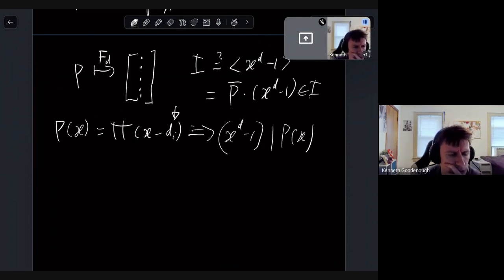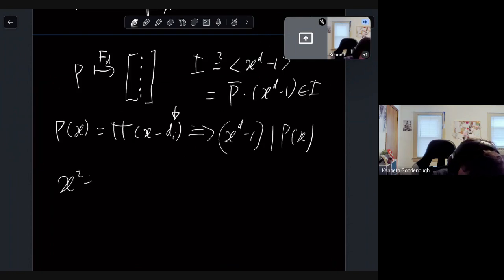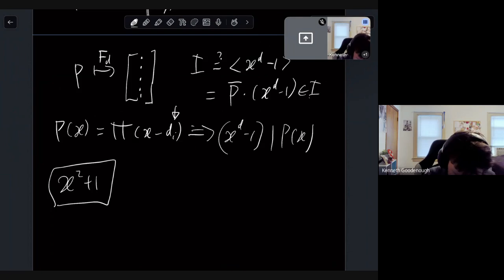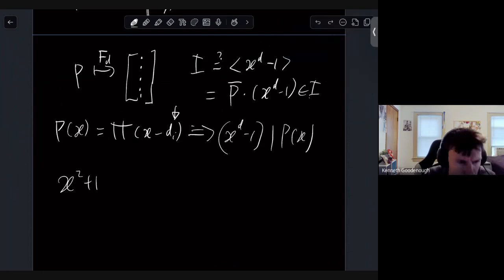We get out something non-trivial. Okay, so let's look at the fourth one, and again, I'm being very careless here with indices. x squared plus 1. So this is the cyclotomic polynomial, not degree 4, but the fourth cyclotomic polynomial.